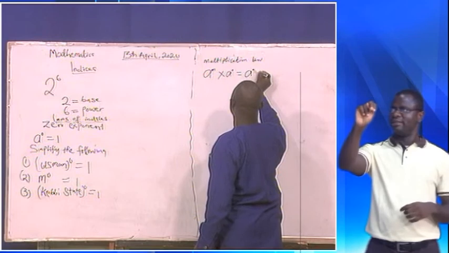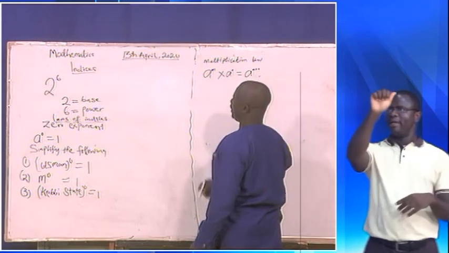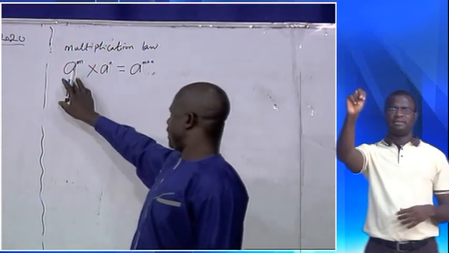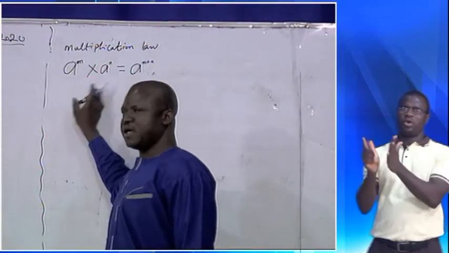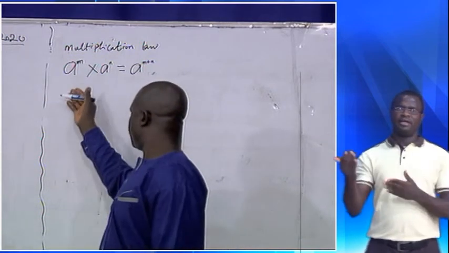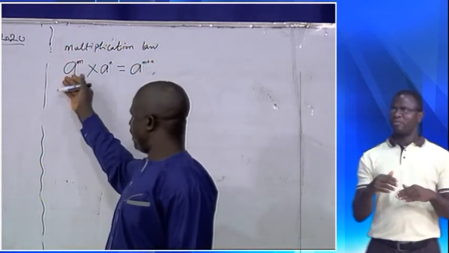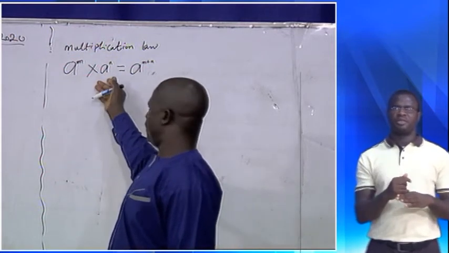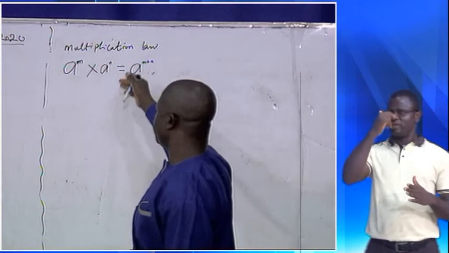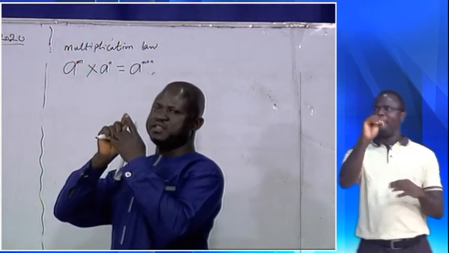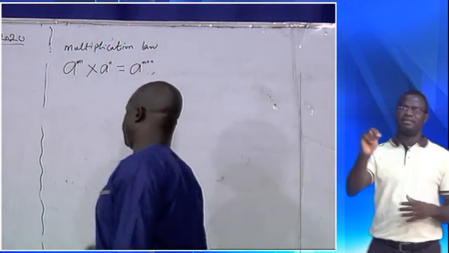A raised to power m plus n. With this law, the a and a we are seeing here are called the bases. We have a common base here. A is appearing here and a is also appearing here. If we have common bases multiplying themselves, the end result is to add their respective powers.